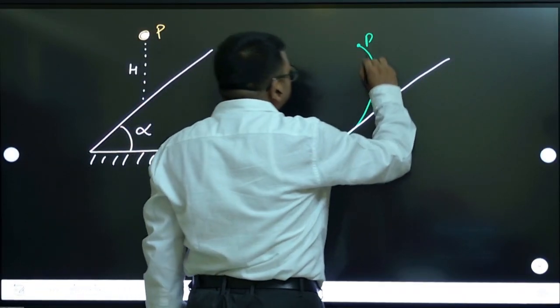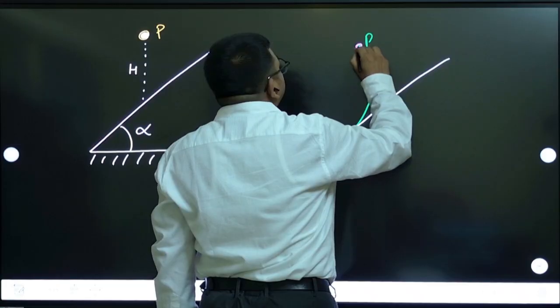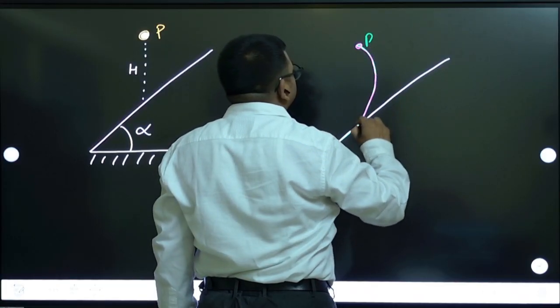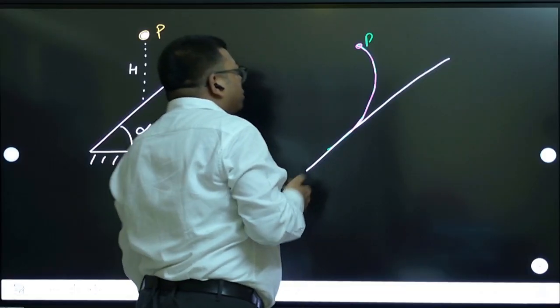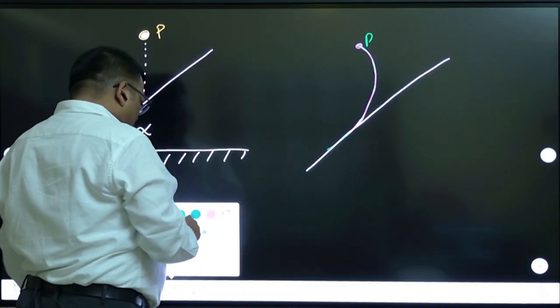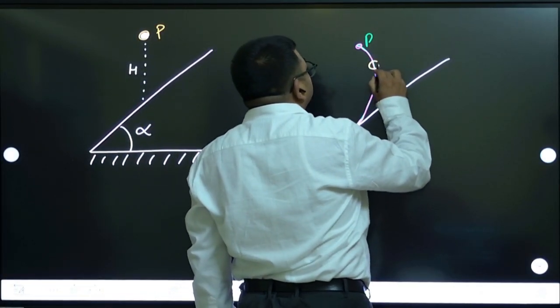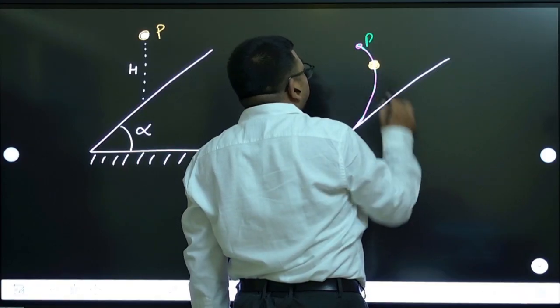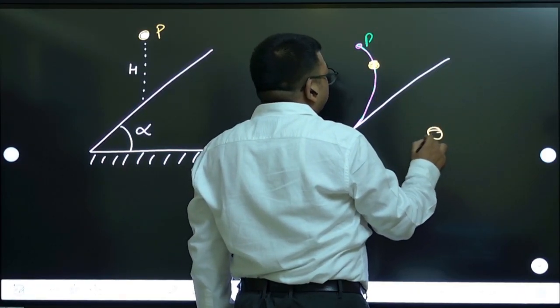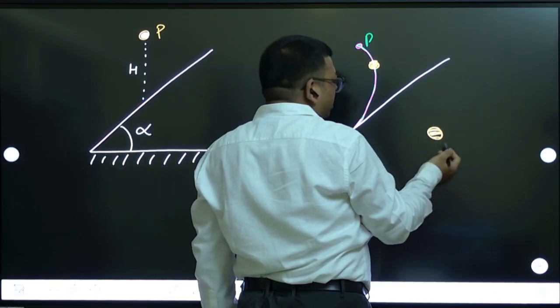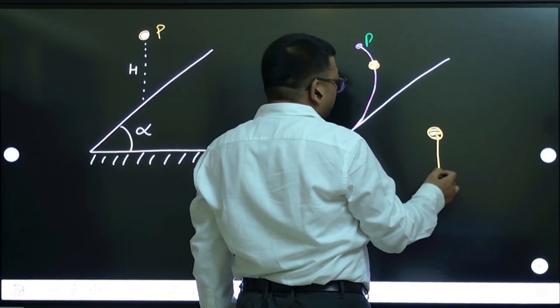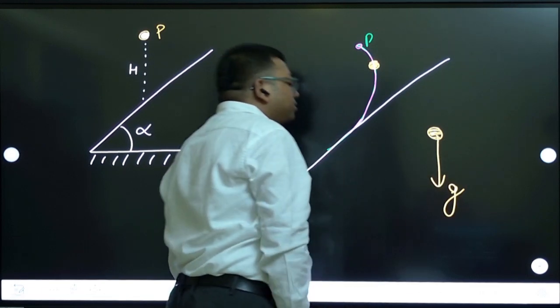Which path will take minimum time? That is what it is. Suppose let us say it is coming in this path. Then what are the forces acting on this bead? If I see forces, then only mg, and because of mg there will be acceleration due to gravity g.